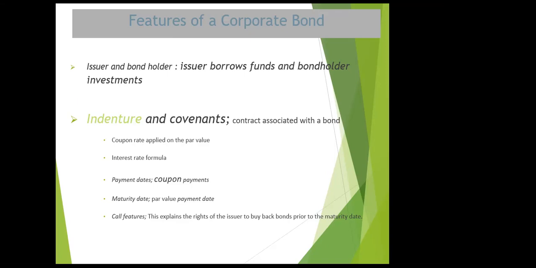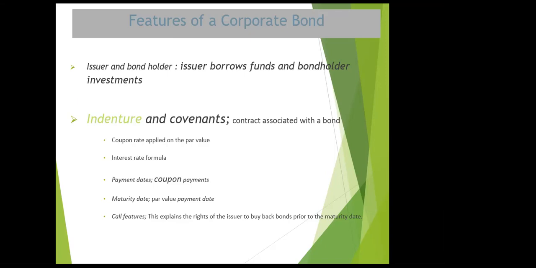You will know how much at a given point in time you need to pay out to these respective bond holders. Okay. So the interest rate formula is always tabulated on the bond contract. Then even the coupon payment dates are also stipulated.